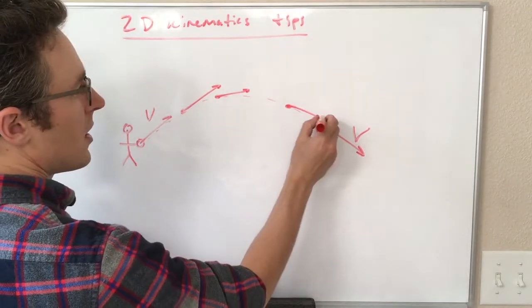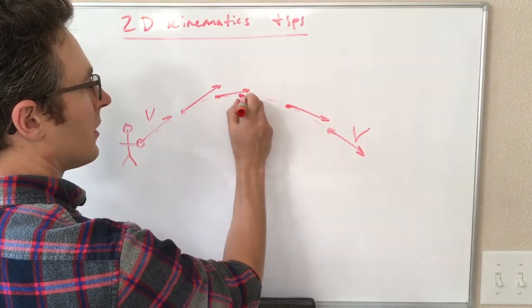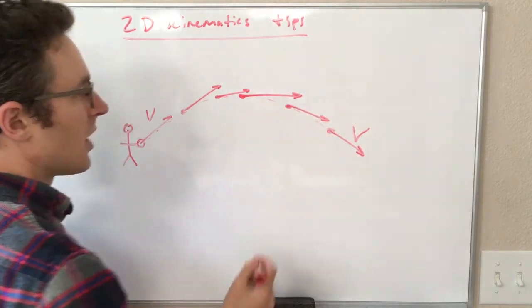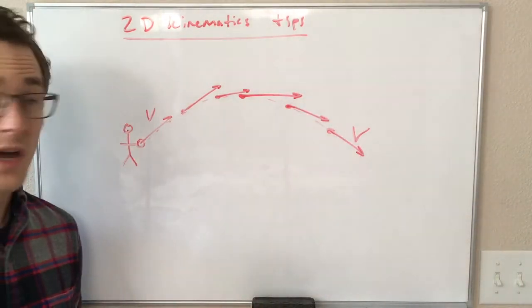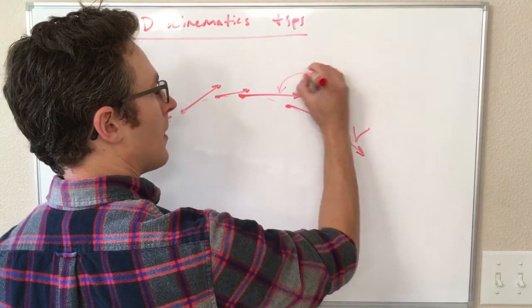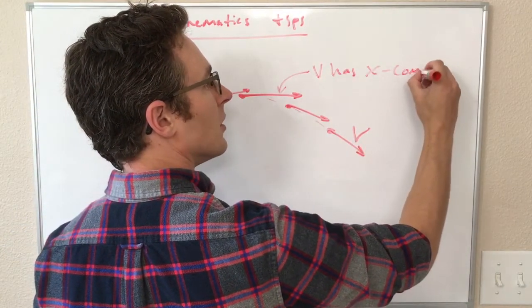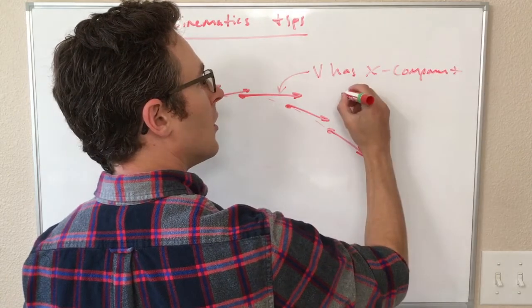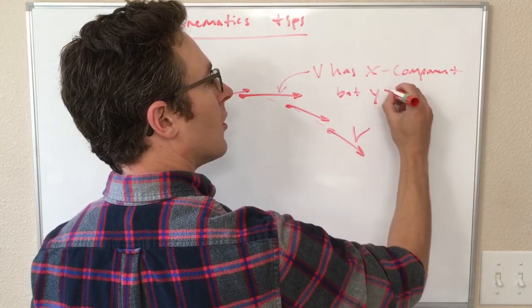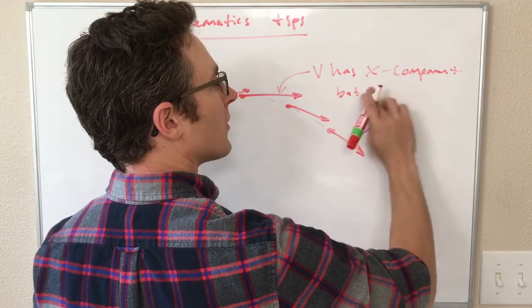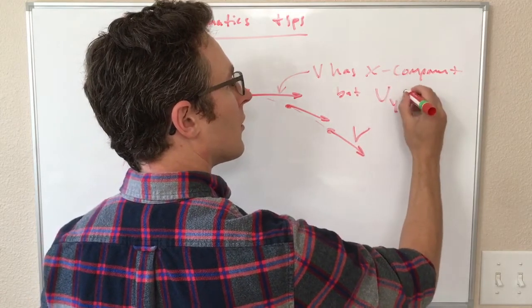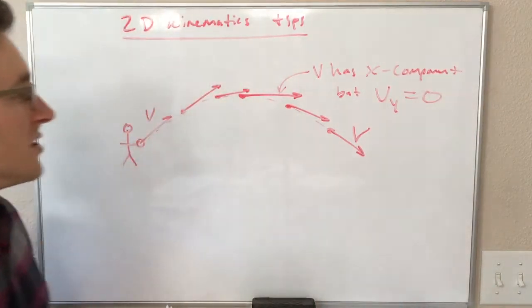There is a particular point right here where our velocity is horizontal. That is, it only has an x component, and Vy is equal to 0.